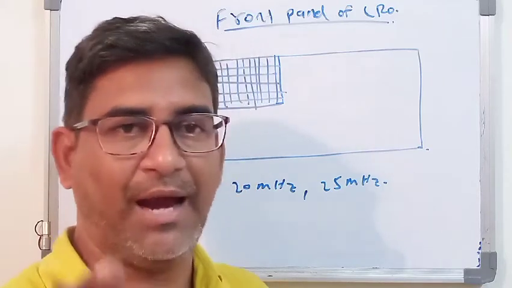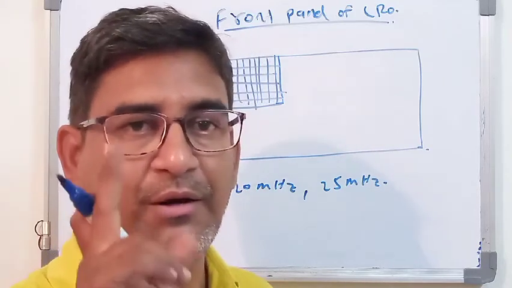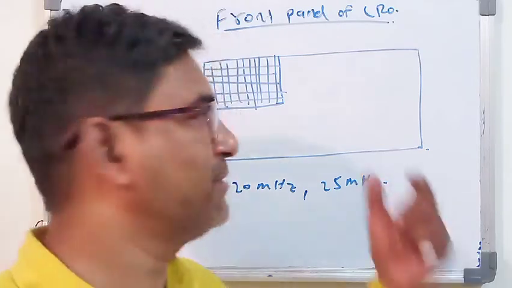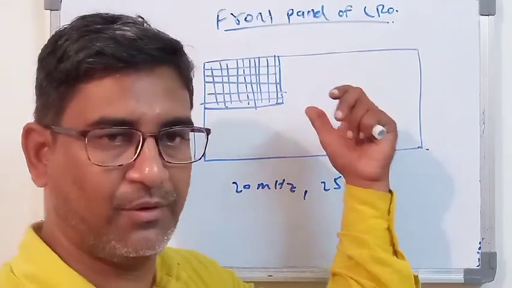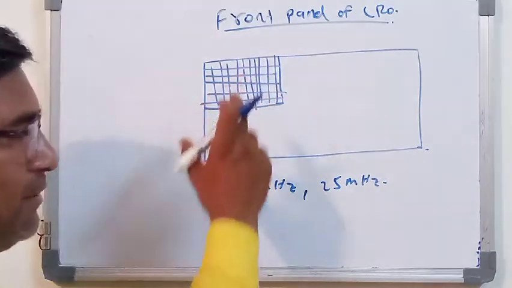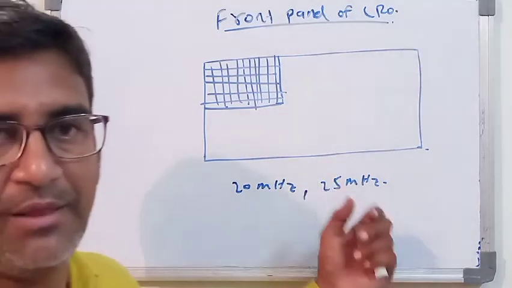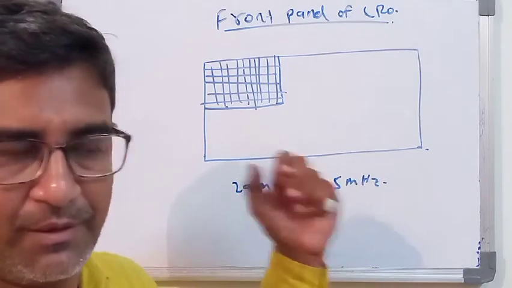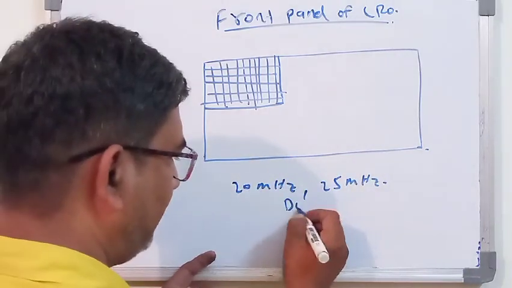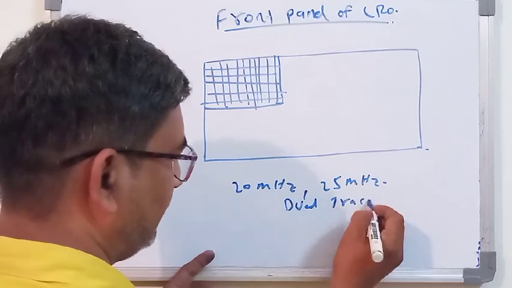Due to that, at a time you are able to view two waveforms on this screen. This screen contains two waveforms, and that's why it is a dual trace CRO.